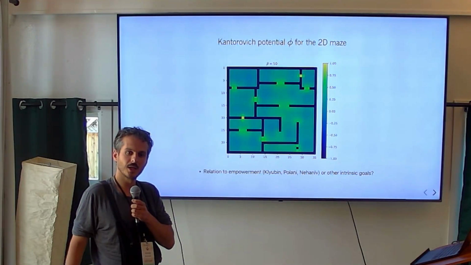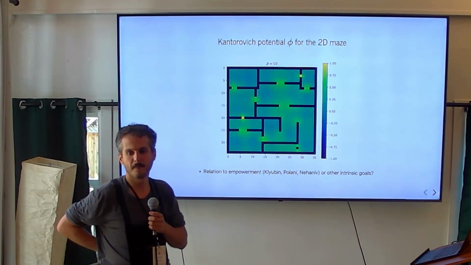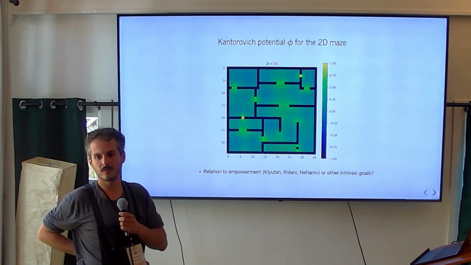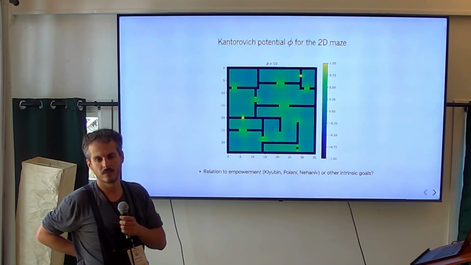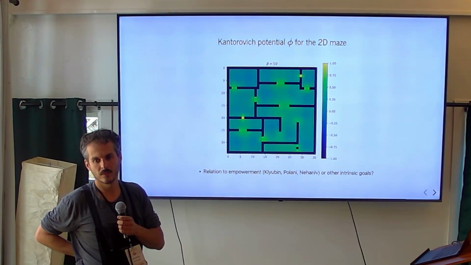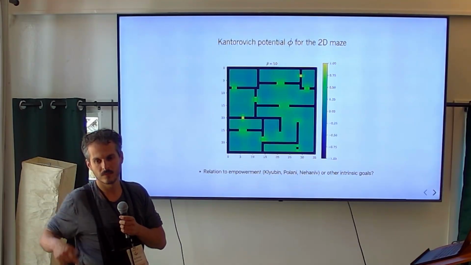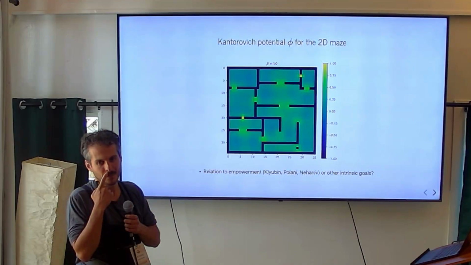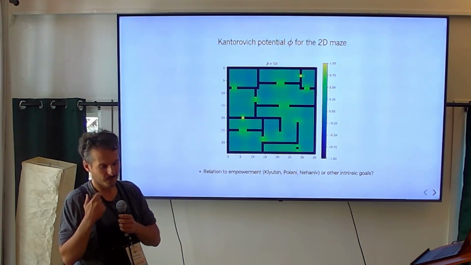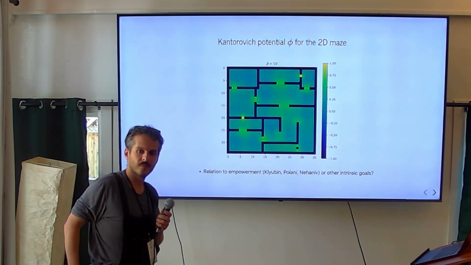This type of highlight, not exactly this one, is something you get when you do goal-relevant information, with agents where you have to track how much information you need about the goal to make a path. This formalism gives you not exactly this type of map, but a quite related one, and it highlights doors, because inside a door you have the most information exchange about before and after the door.